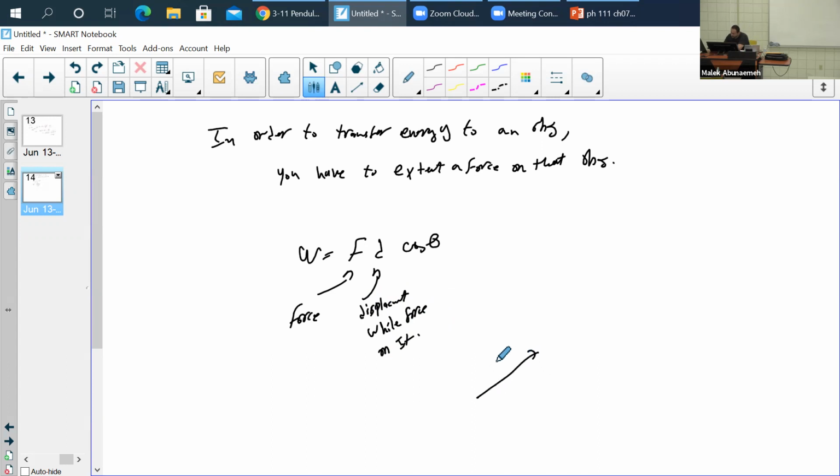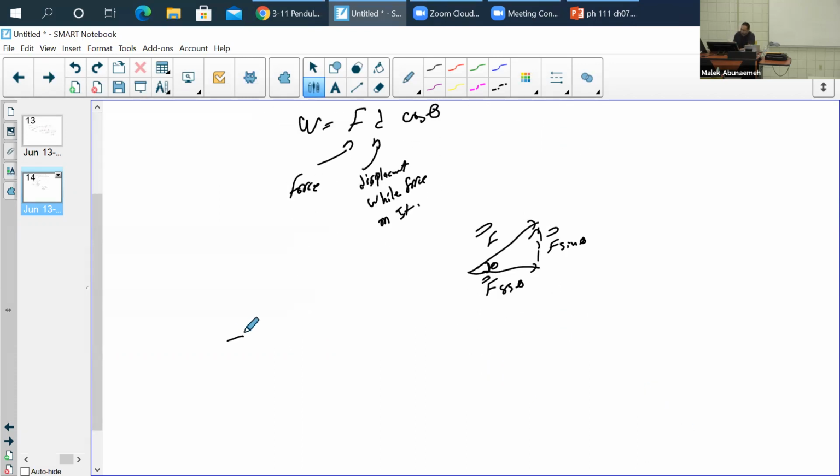If you have your force this way, it's going to be your F sine theta, and this is your F cosine theta. The work is the amount of joules of energy given to an object or a system.